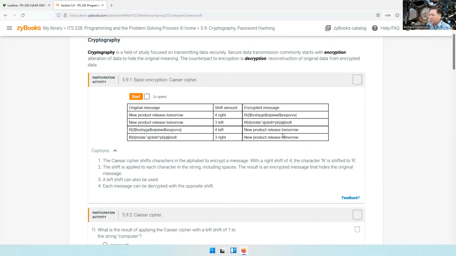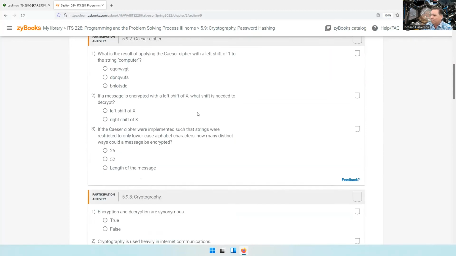One thing about this kind of cipher is that you can get the original message back by knowing what the cipher is. If you shift 4 right to get the encrypted message, you shift 4 left to get back the original message.